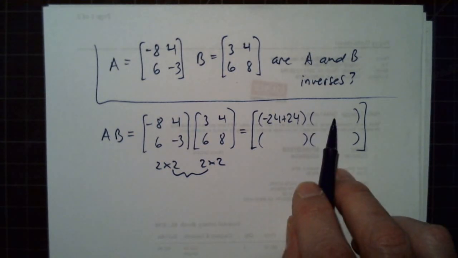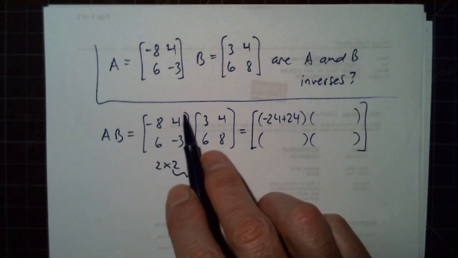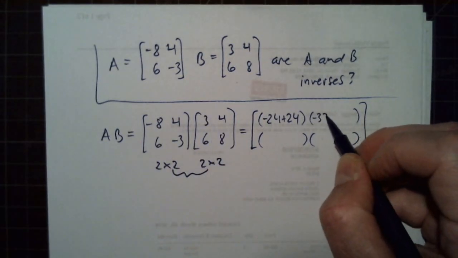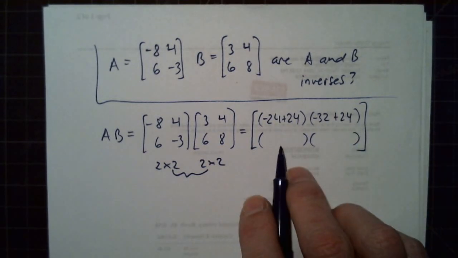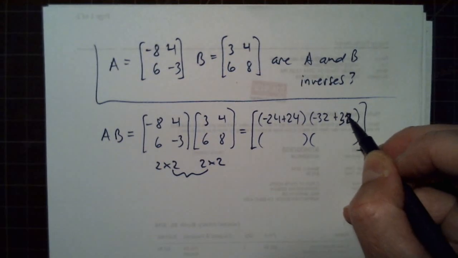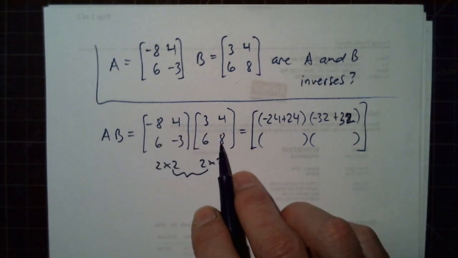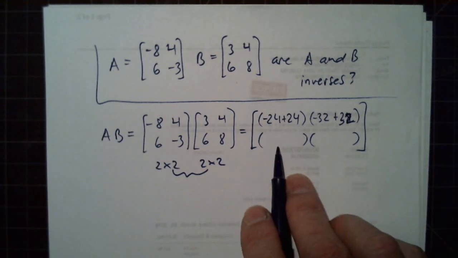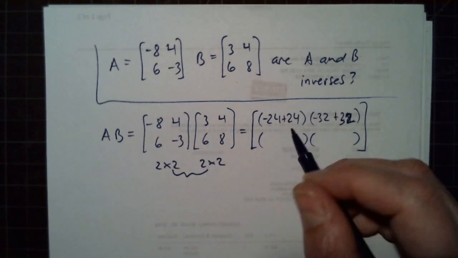So we're going to go row 1, column 2. Row 1, column 2, negative 32 plus 24. No, that's 32. Negative 32 plus 32. Row 2, column 1, 18 minus 18.